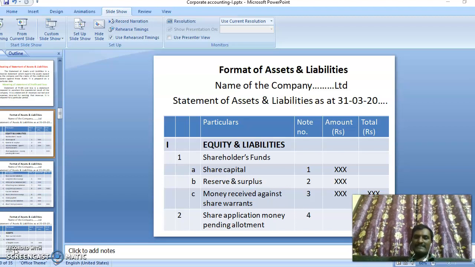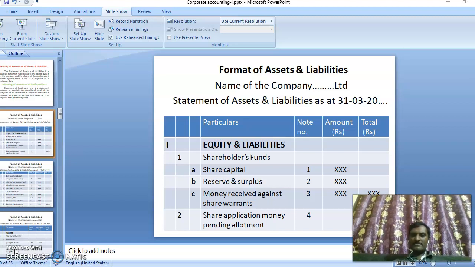The first part is equity and liabilities. Under this, we have four components. Of that, the first component is shareholders' funds. The shareholders' funds cover three important items: one is share capital, the second is reserves and surplus, and the third is money received against share warrants.